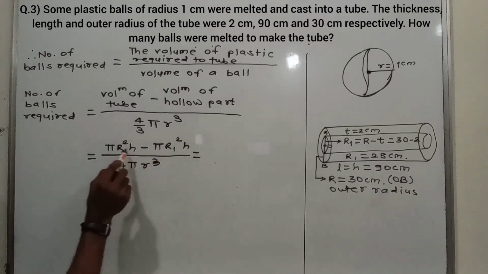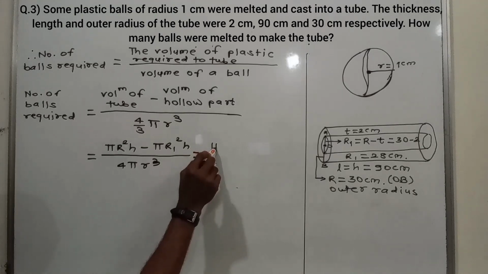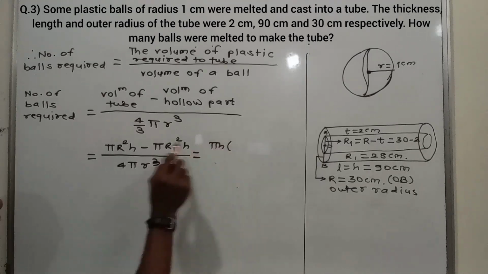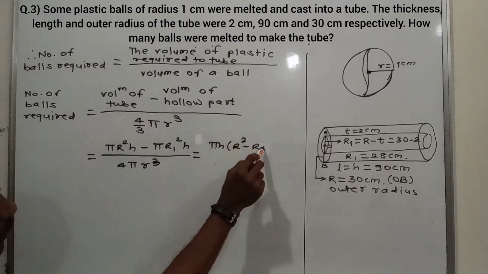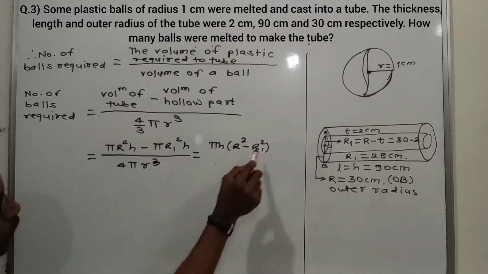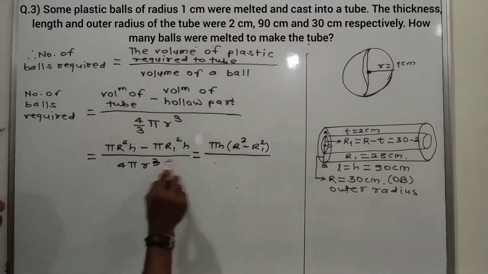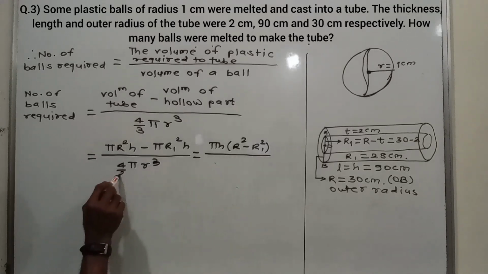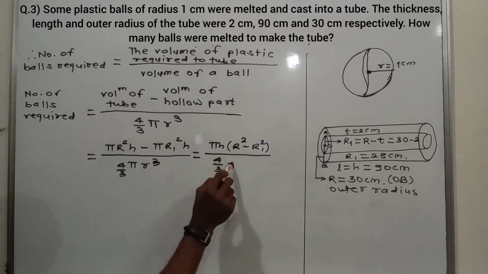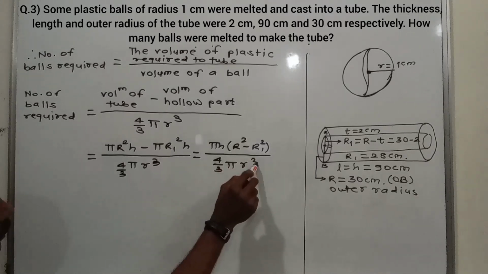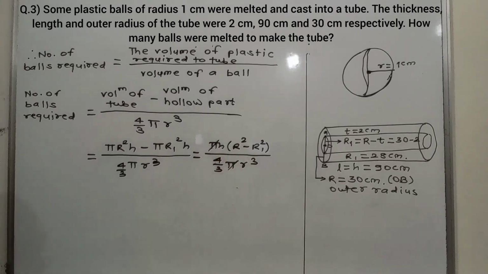Here we take pi h common. Then what is left is R square minus R1 square upon 4/3 pi r cube. Pi cancelled.